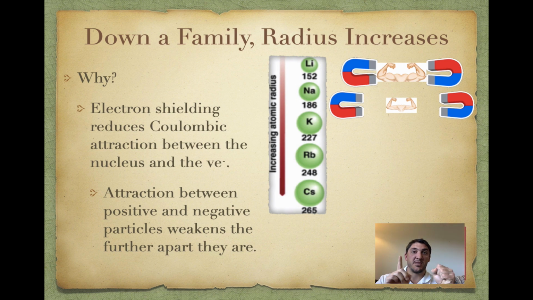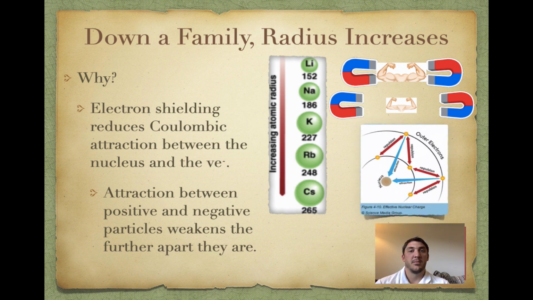So if I have this valence electron, but there's a kernel electron layer in here, not only does it shield the outermost electron from feeling the attractive force of the nucleus, but because this electron is negative and this one is negative, they repel each other. So this electron actually pushes this electron even further away. That's what we call electron shielding.